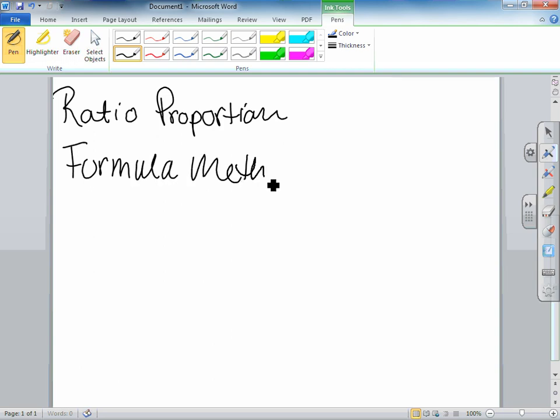Out of those two methods, you'll determine which is your best method. I personally use the formula method because it's easier and less work, but I'm going to show you both methods.